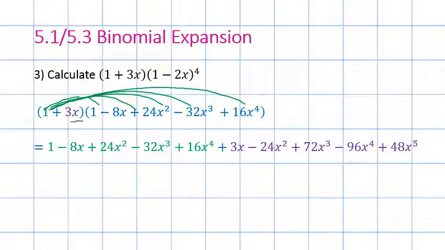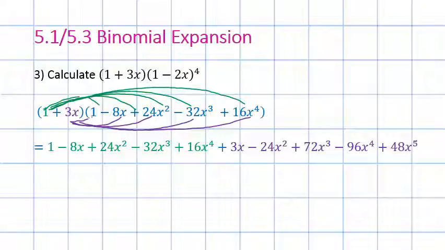And then I need to multiply all of those bits by the 3x, which would give me that part there. So 3x times the 1 is 3x, 3x times minus 8x gives me minus 24x squared, and then so on. And you have a look through all the 5 parts. Because I'm multiplying the 2 parts in the first bracket by the 5 parts in the second bracket, that should give me 10 parts. That's a good checker.